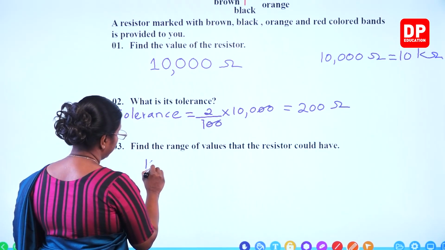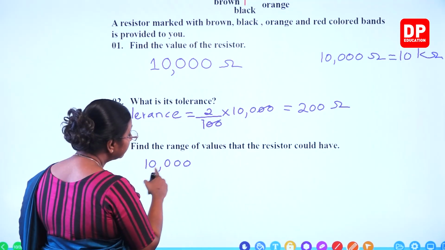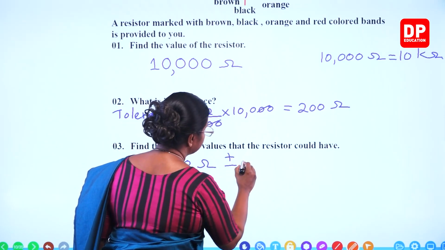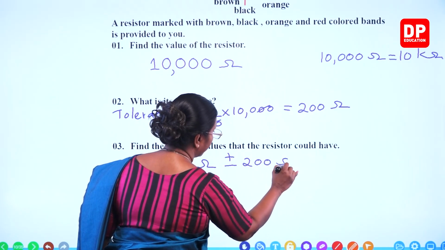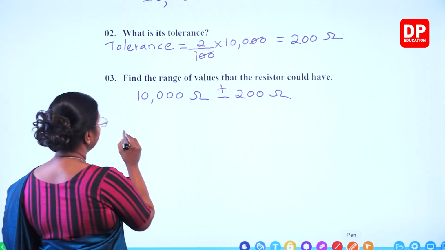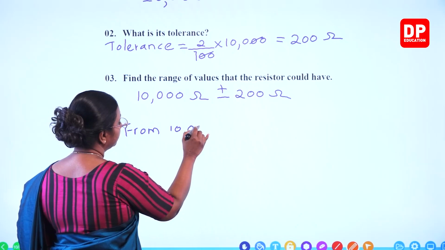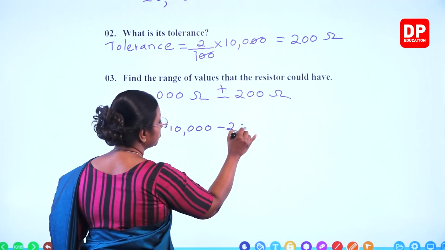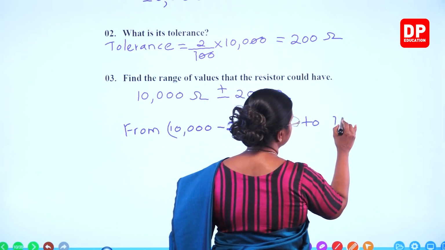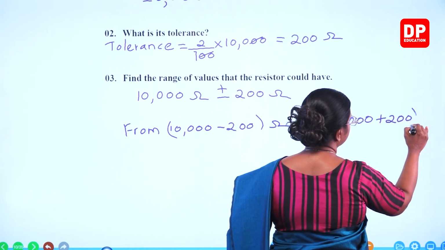You add and subtract the tolerance from the resistance. 10,000 ohms plus or minus 200 ohms. So that is going to be from 10,000 minus 200 ohms to 10,000 plus 200 ohms.